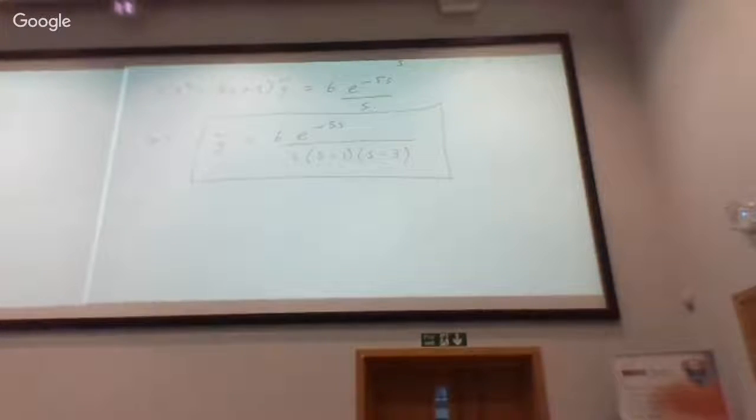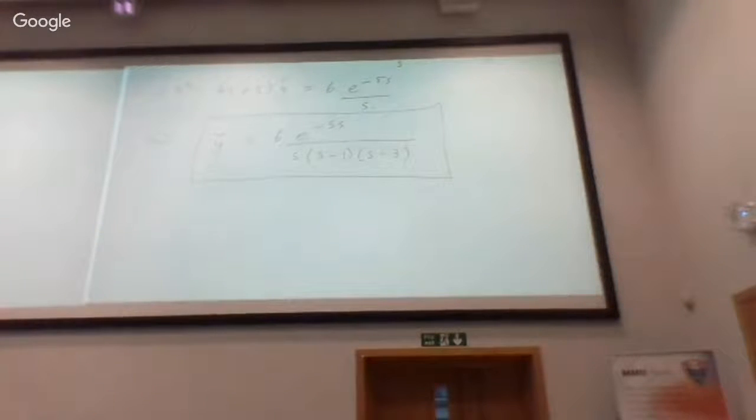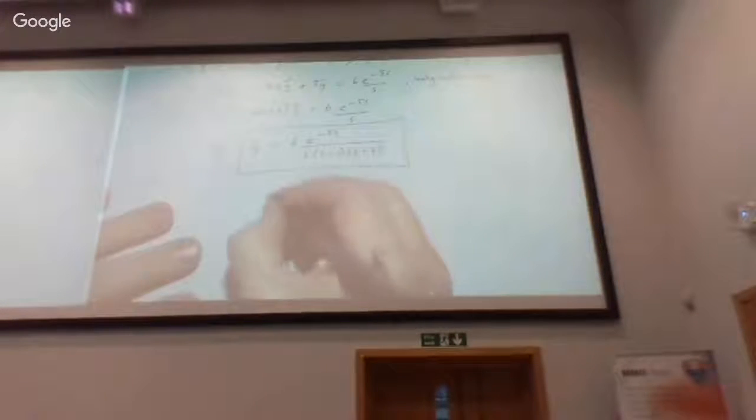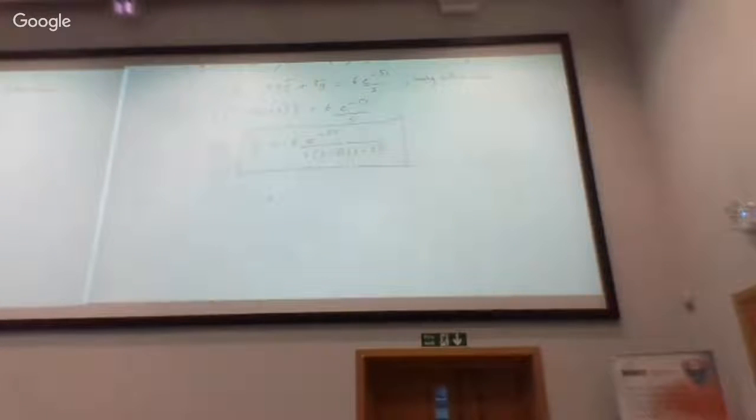But we know that if we took a partial fraction expansion of that function, it would be a combination of basically this type here: 1 over s plus something, and that's the transform of an exponential, and a 1 over s bit, which is the transform of a constant. So that exponential bit, we should just leave that here. What will I do with 6?